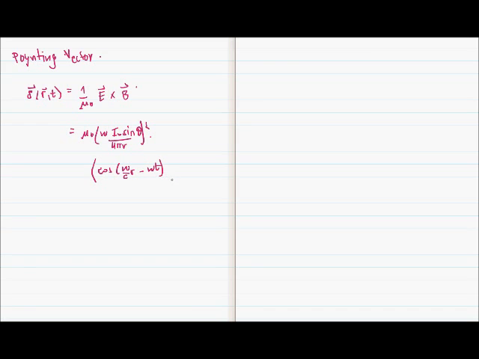Now we're only interested in the real parts of E and B. So we've used here the identity, and this value here is just equal to this term, and we just compute the cross product.